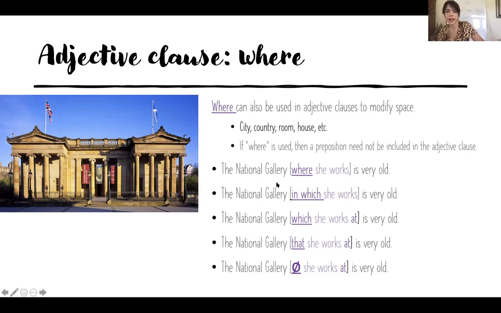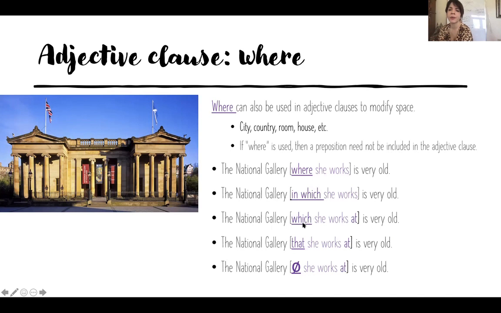So for instance, the National Gallery where she works is very old. The National Gallery in which she works is very old. And notice how here we have a preposition, but it's because which is being used and not where.